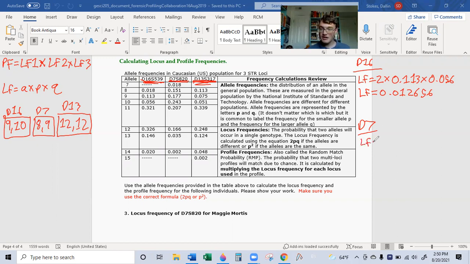So the locus frequency, A is going to be 2, because 8 and 9 are 2 different numbers, times P, which is the odds of having an 8. So there's my 8, there's my D7. It's right there, 0.151. Times Q, which is the odds of having a 9 at D7. So there's a 9. We've got 0.177. Sorry, I messed that up there.